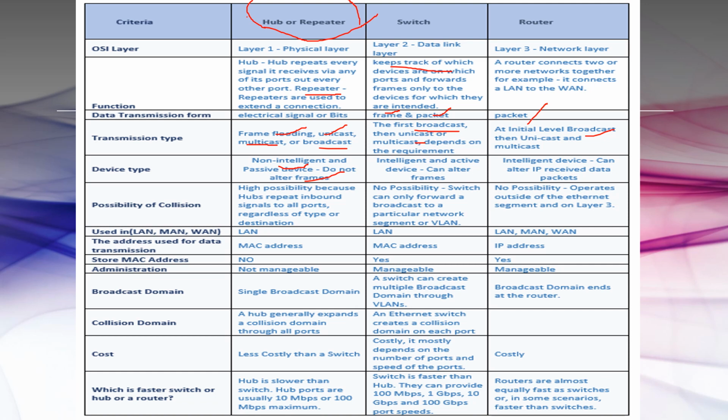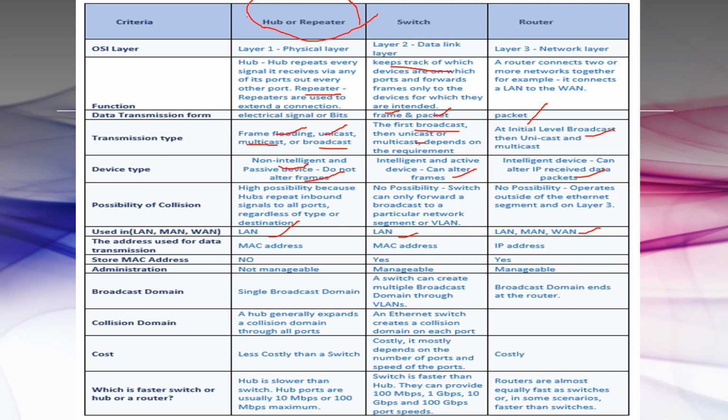They have software and can alter the frames. And a router can alter the packets because it belongs to the layer 3 network. Usually hubs and repeaters are used in LAN connections, and switches also belong to LAN, and if it's an L3 switch it also belongs to WAN.